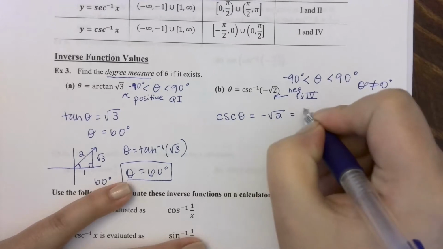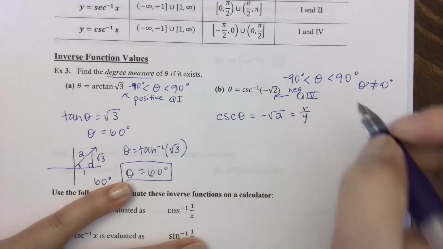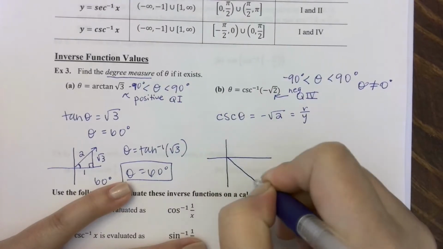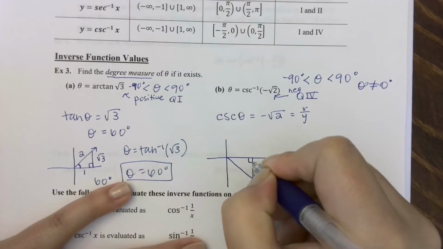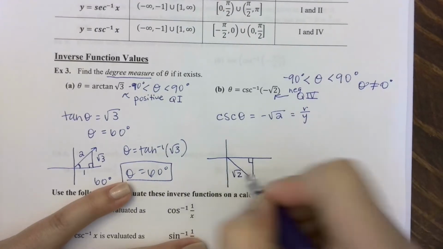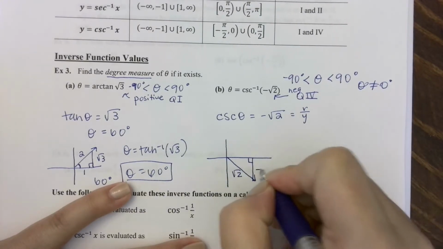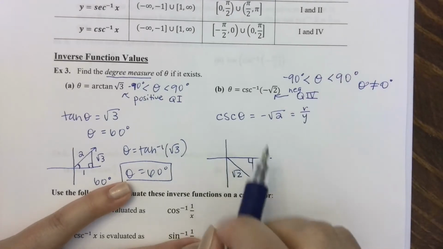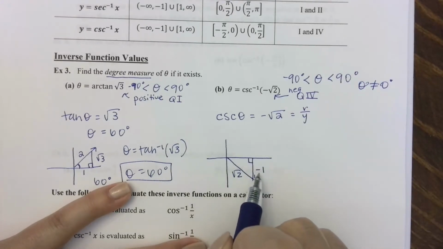Remember that cosecant is r over y. If I draw this in the fourth quadrant, I have r is square root of 2 and y is negative 1. Remember that r is always positive, so that negative has to go with the y.